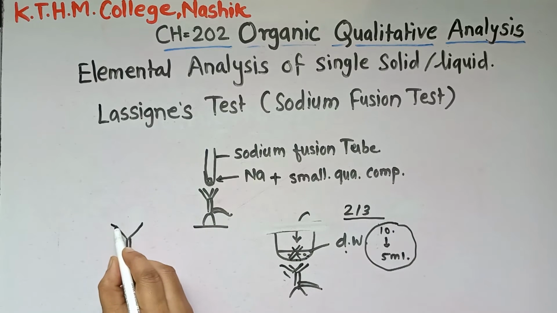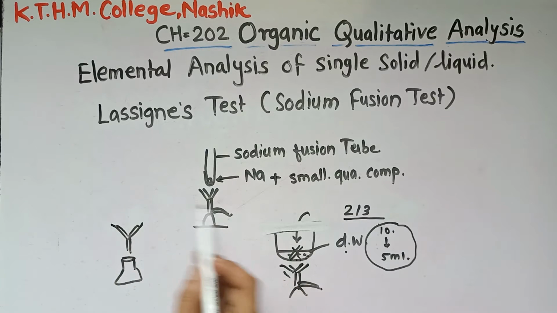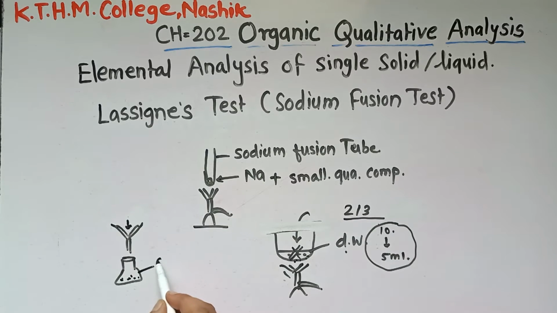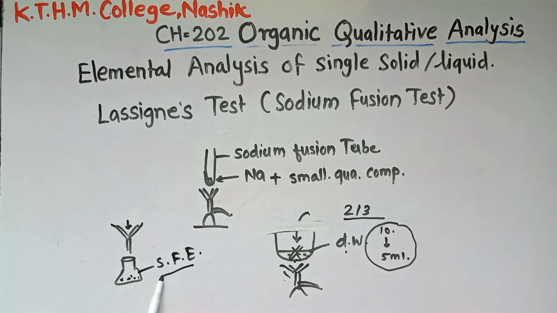This is the funnel. On that funnel we place a filter paper and pour all the sodium fusion extract here, and we get the sodium fusion extract. This sodium fusion extract is used for the detection of nitrogen, sulfur, halogen and phosphorus.